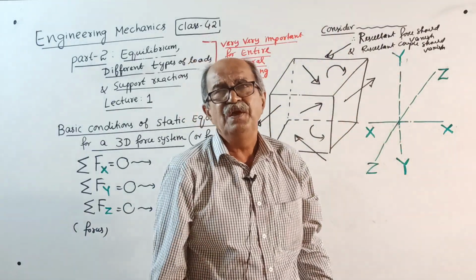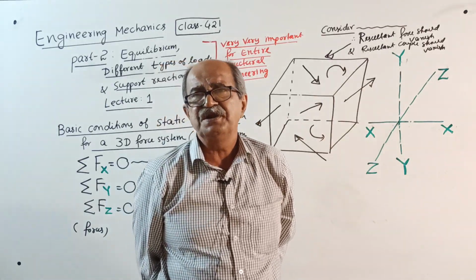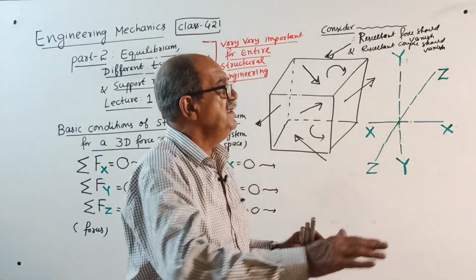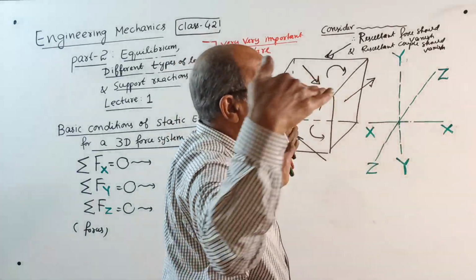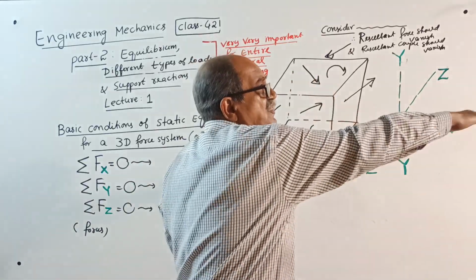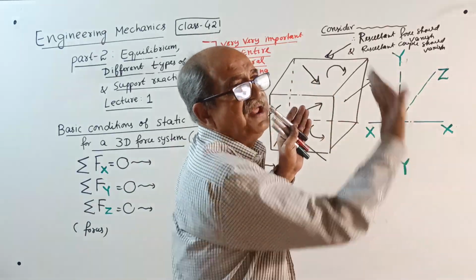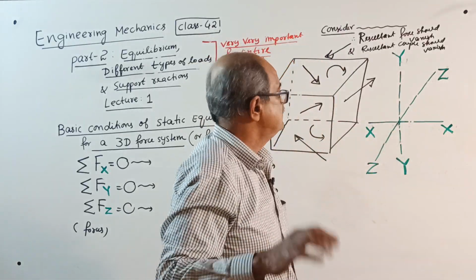But usually, when you study engineering mechanics or strength of materials or structural engineering, the general practice is lengthwise horizontal XX, vertically YY, and horizontally widthwise ZZ.